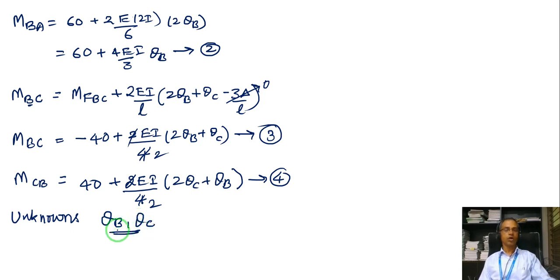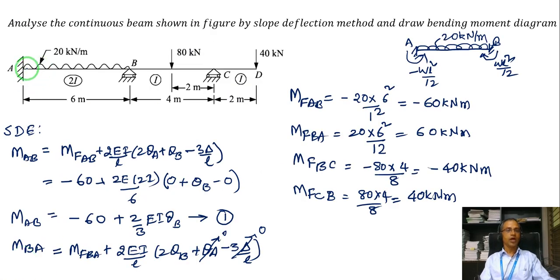So we must have two conditions to solve these unknowns. So look carefully at the beam here. At joint B there is an equilibrium, and at joint C also we can take an equilibrium. So joint B means MBA plus MBC is 0. Then MCB plus MCD must be equal to 0.